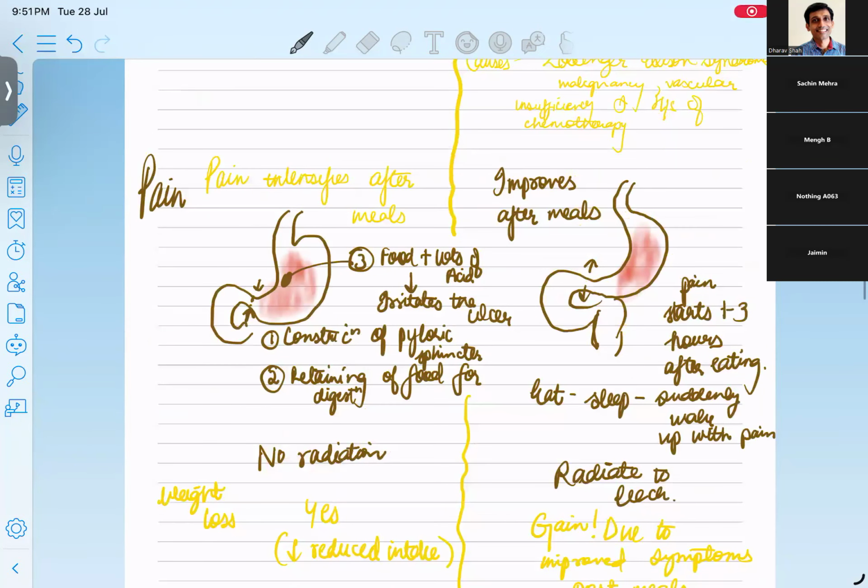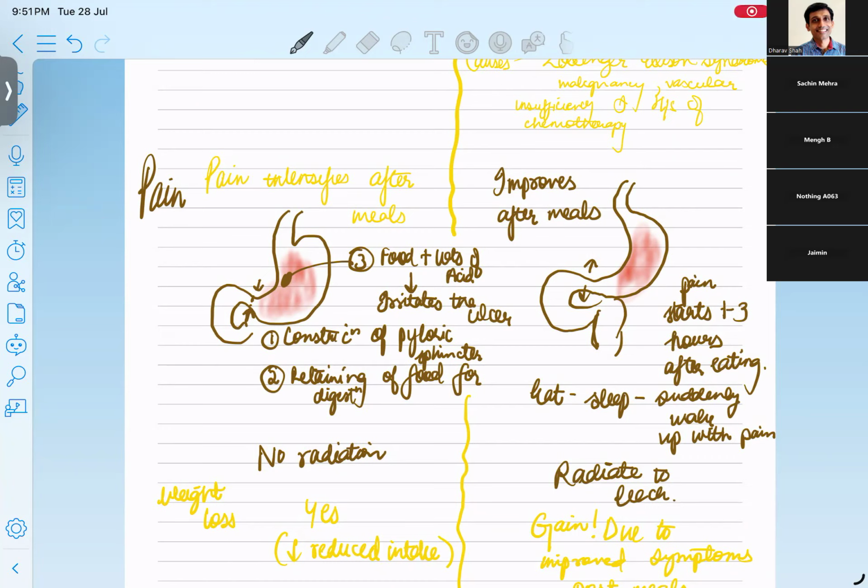Now, the most important, pain. How does the patient describe pain in both ulcers? First, coming to gastric ulcers, patient says कि डॉक्टर पेन हमारा खाने के बाद इंक्रीज होता है. Whenever I eat meals, the pain increases.